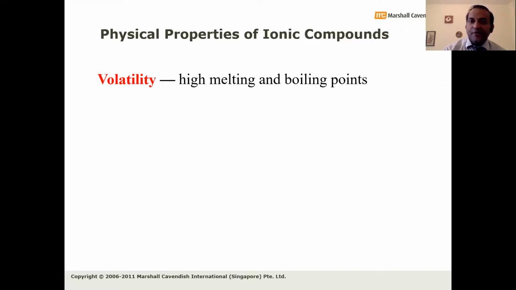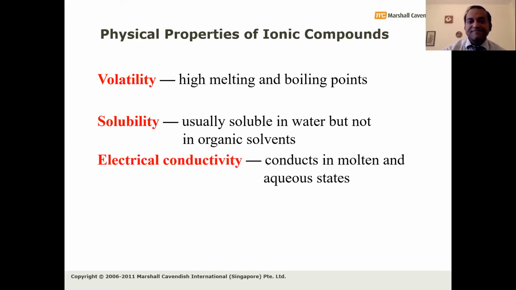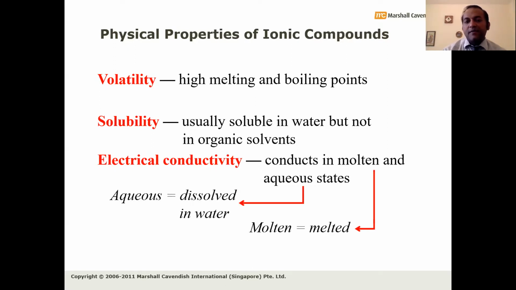They have a high melting point and boiling point, meaning they are not volatile. Most of the time, they are solid. Solubility, they are usually soluble in water, but not in organic solvent. Electrical conductivity, they can conduct electricity in molten and aqueous state. Molten means you heat them, aqueous means you dissolve them inside water.